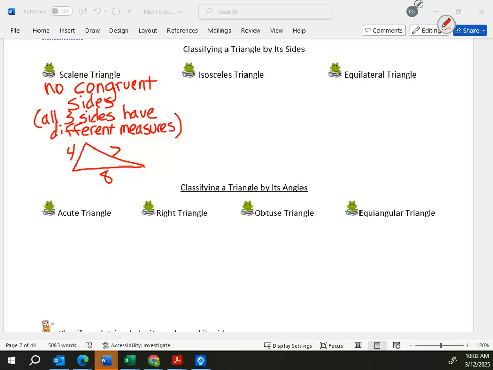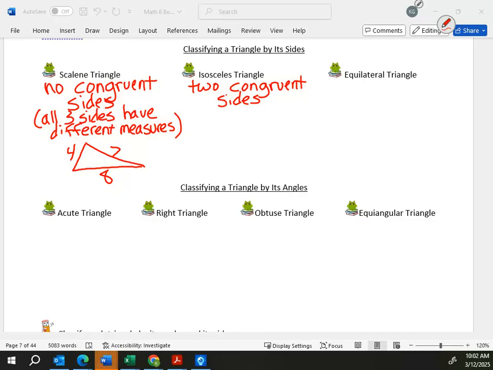Congruent. So an isosceles triangle has 2 congruent sides. So 2 are the same measure, 1 is different.